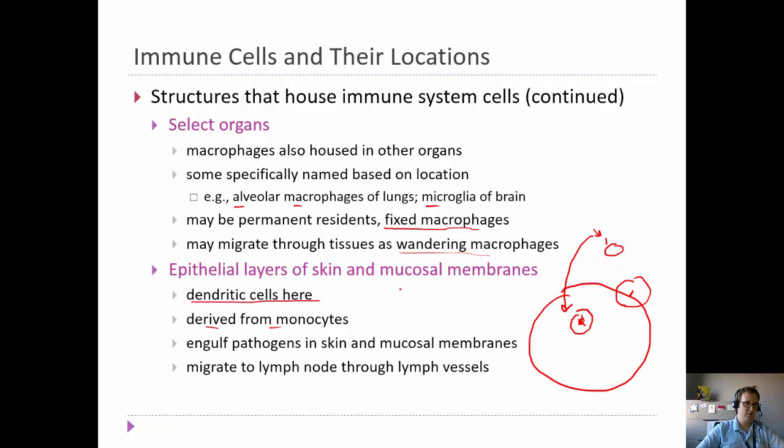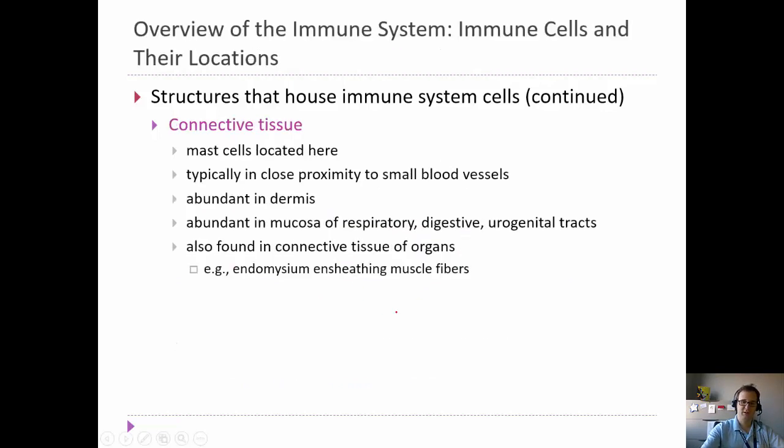This is called a dendritic cell, or an antigen presenting cell, and it will present these antigens for the other parts of our immune system to recognize and help fight against that pathogen. These migrate to our lymph nodes, they move through our lymph vessels, and we also find them in the mucosal membranes.